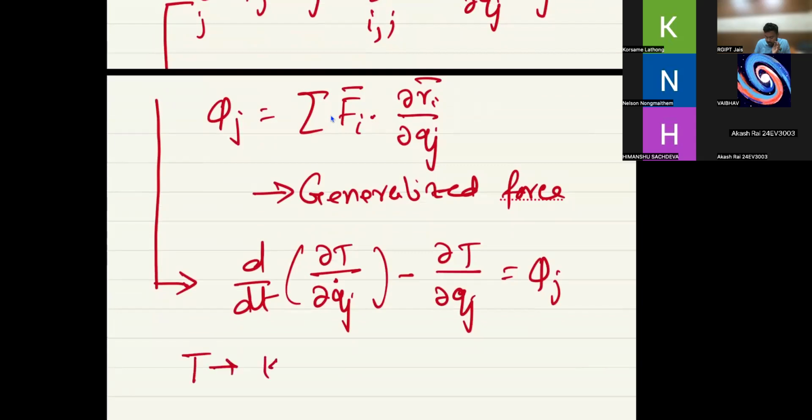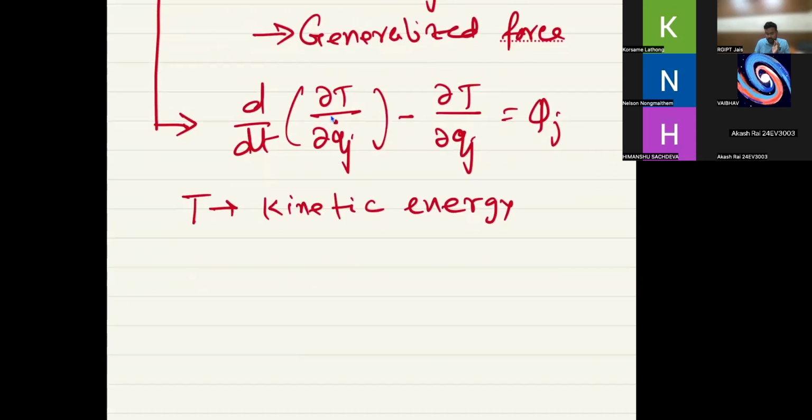T here is the kinetic energy. Now T is kinetic energy, and we can further simplify this expression. I told you Qj is basically the generalized force, and you can write Qj equal to Fi dot del Ri by del Qj.